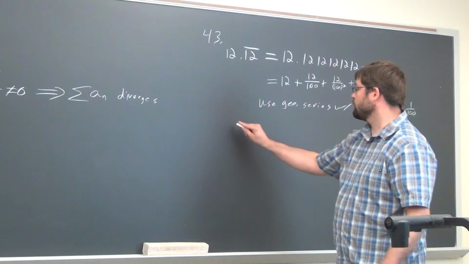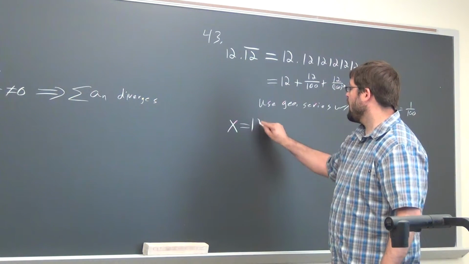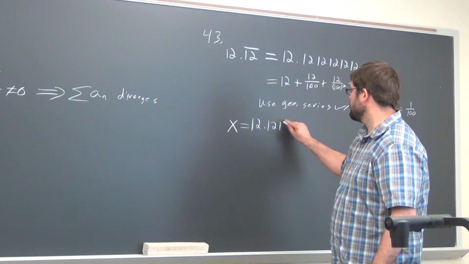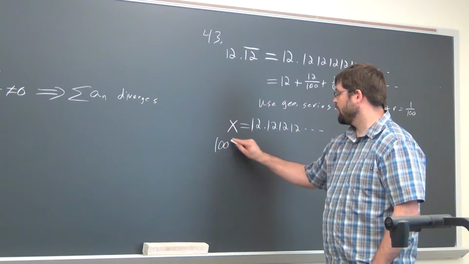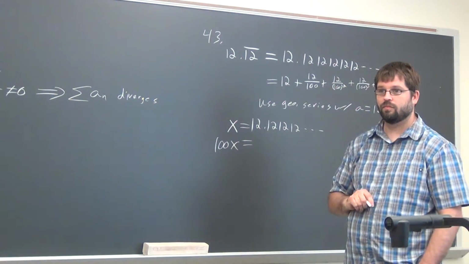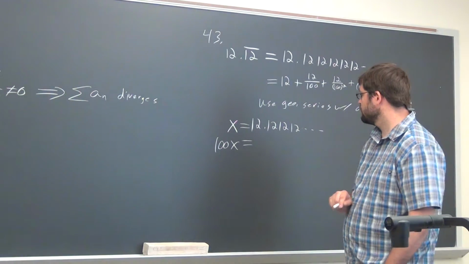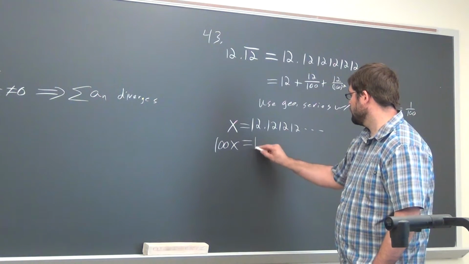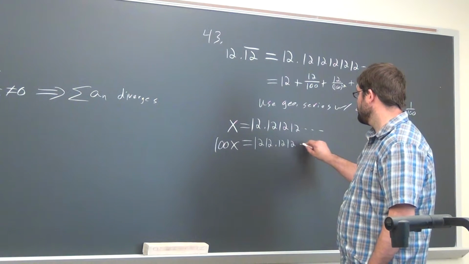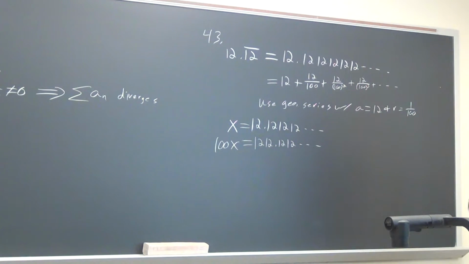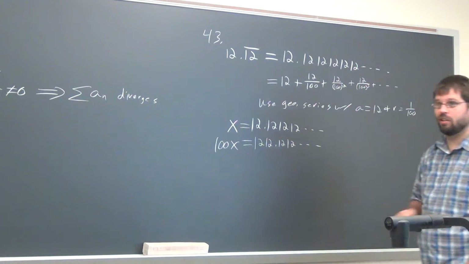Let me give you an alternate way to do this. If you think x is 12.12121212 and so on, what is 100 times x? 1212.121212. So what if you subtract those from each other?